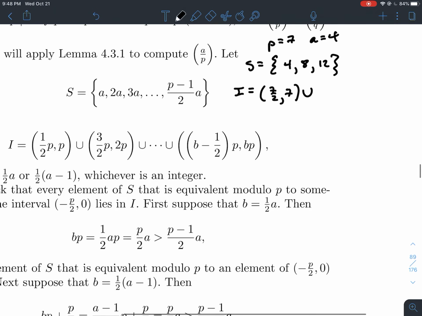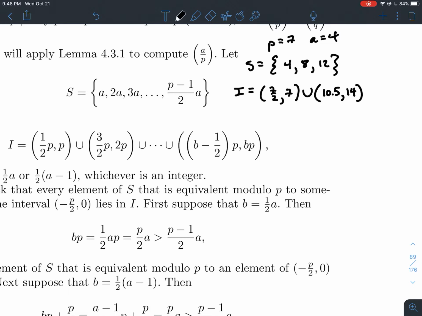So the next one would be, according to this, 3/2 p to 2p. And what would that be? That would be 3/2 times 7, so 10.5. I'll write it that way, and then to 14.